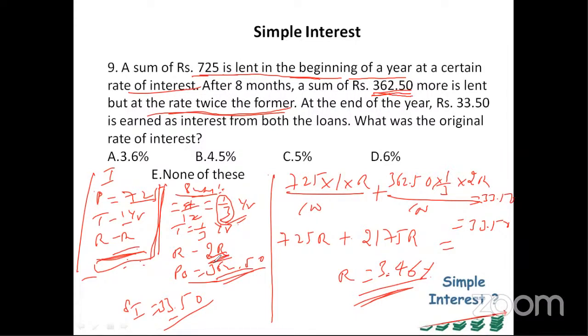So what we did was, this we took as the general, normal way, whatever was decided, and this is extra. Extra money is lent. And what is the time period remaining? It was only 1/3 year, that is 4 months were remaining. So 4/12, 1/3 year was remaining. We took this 1/3. What was the rate of interest? Twice the rate of interest. That's why we took that separately. Okay, I hope I'm clear now.